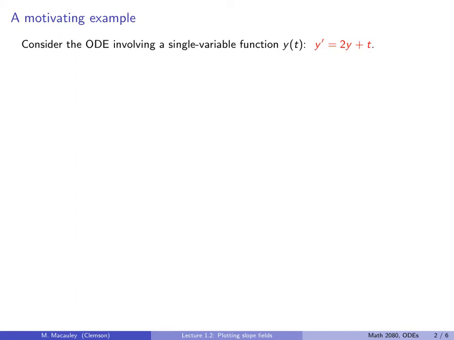Let's start with an example. Before I do the example, I'm going to point out this terminology. ODE stands for ordinary differential equation. And the word ordinary means that our functions are of one variable. A much more advanced topic, and we'll see a little bit of this at the end of the course, are differential equations where the functions are of two variables.